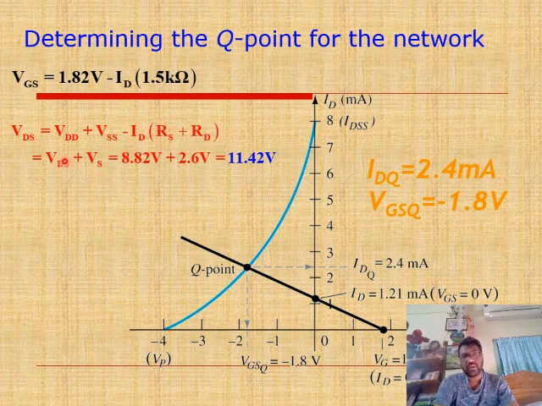So here VDS plus VS is equal to 8.82 plus 2.6, which means 11.42 volt.